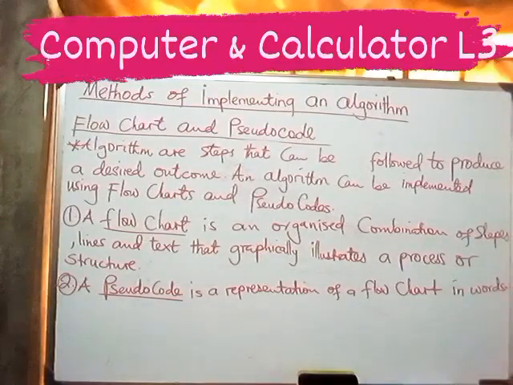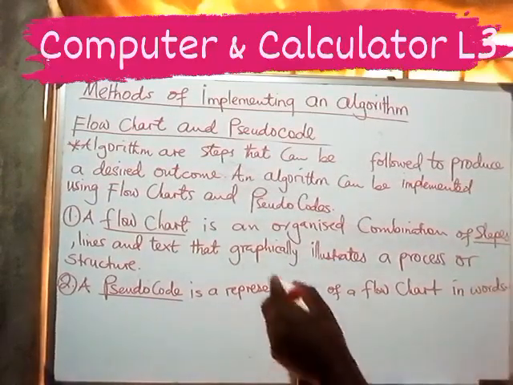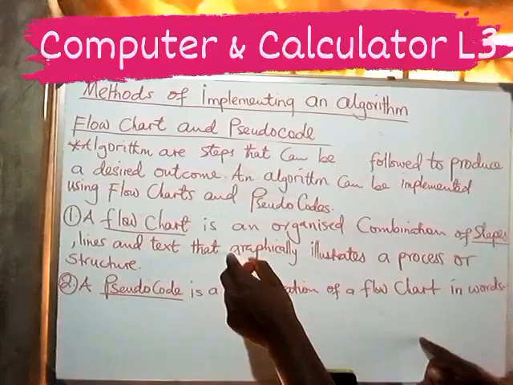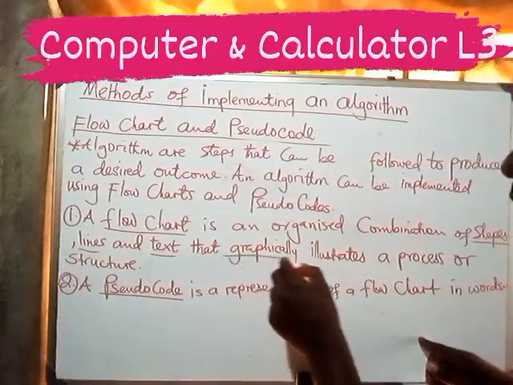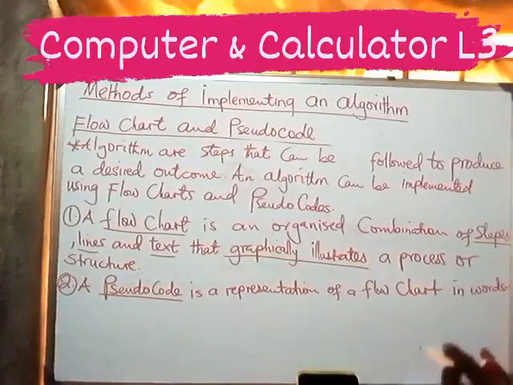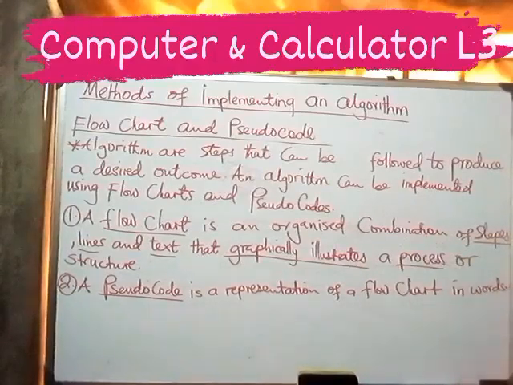I want to believe you have gotten that one. Of course, we are going to see what they mean by the shapes, the text, and the lines, which graphically illustrate a process or a structure. So we are going to look into that one.